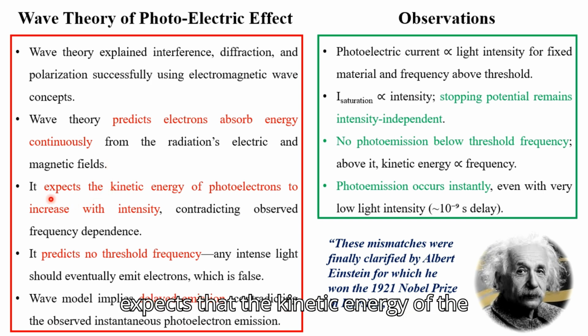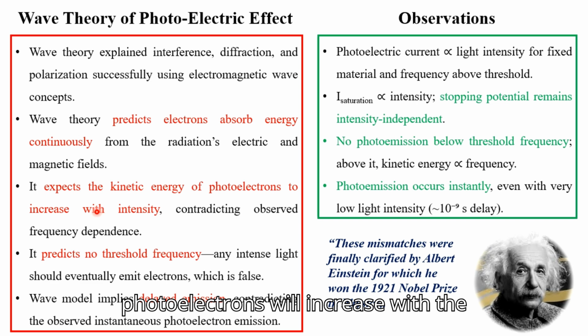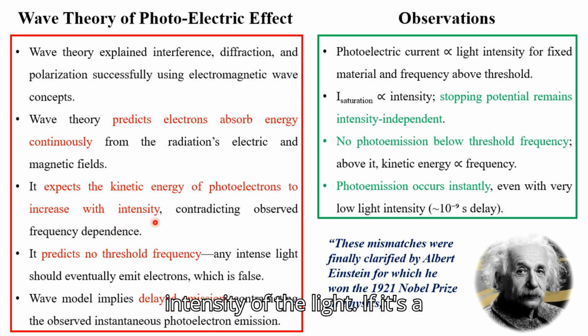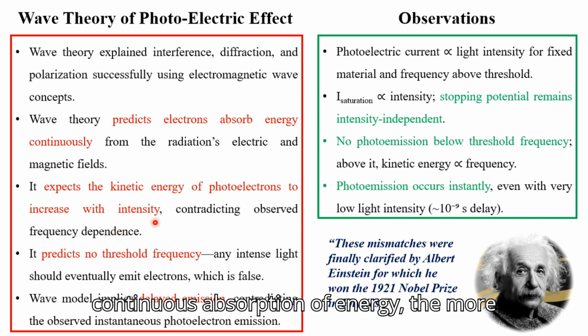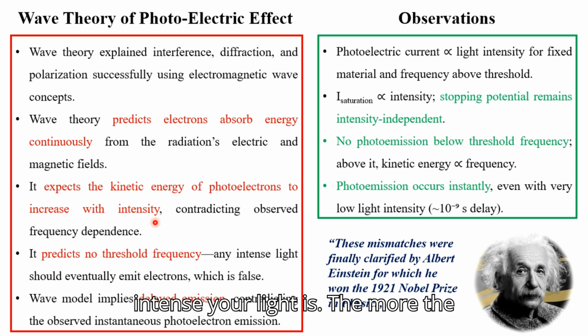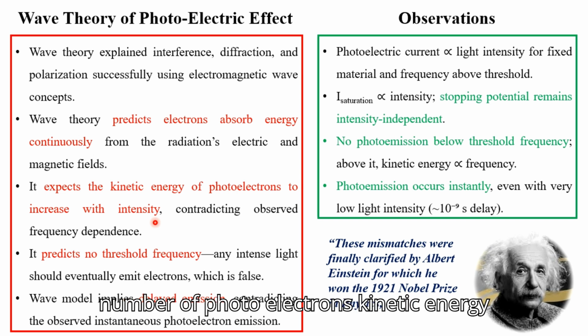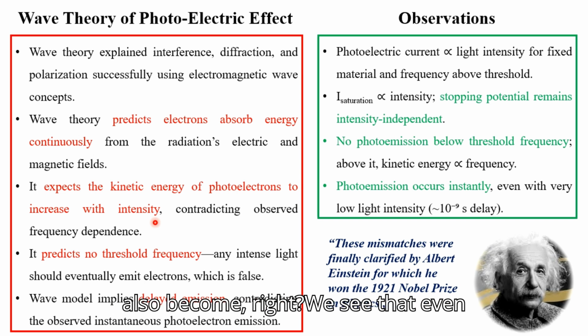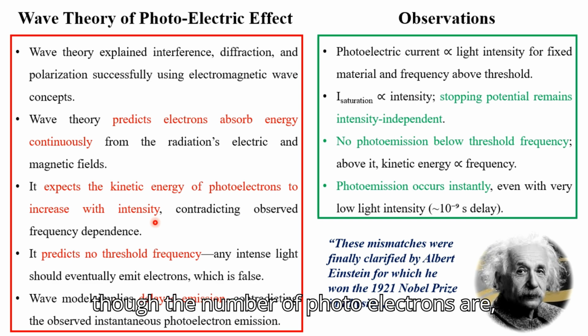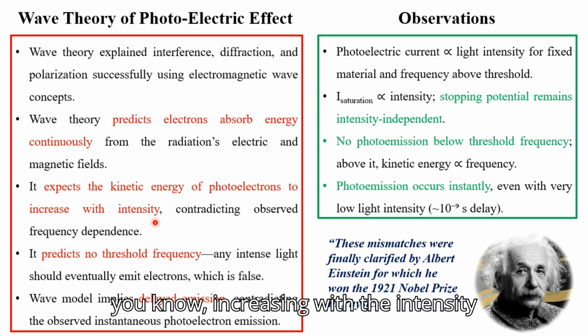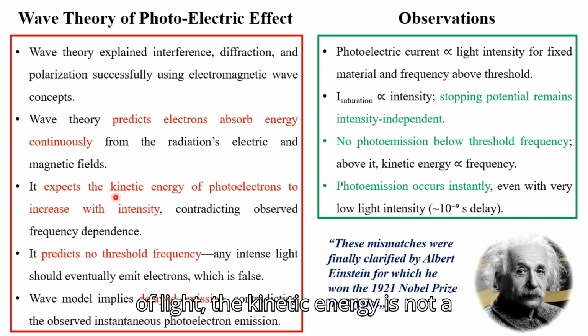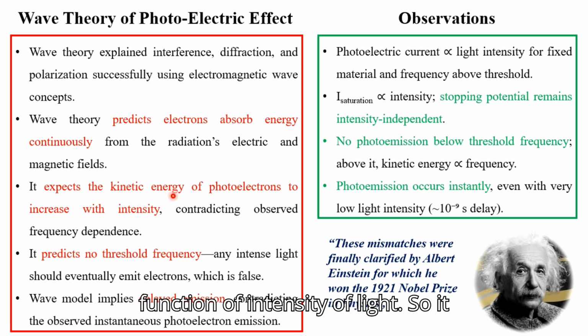It expects that the kinetic energy of the photoelectrons will increase with the intensity of the light. If it's a continuous absorption of energy, the more intense your light is, the more the kinetic energy of the photoelectrons should become, right? We see that even though the number of photoelectrons increases with the intensity of light, the kinetic energy is not a function of the intensity of the light.